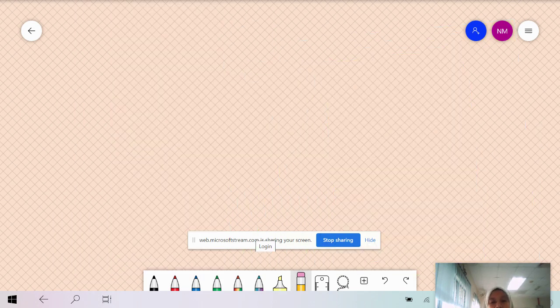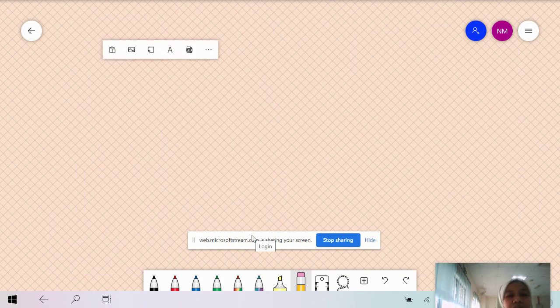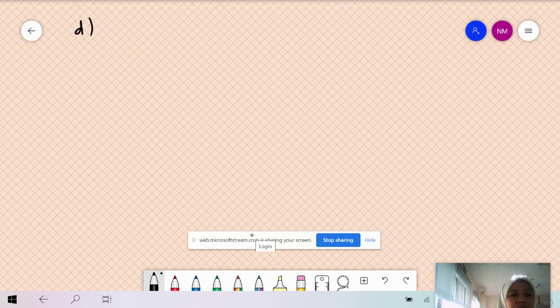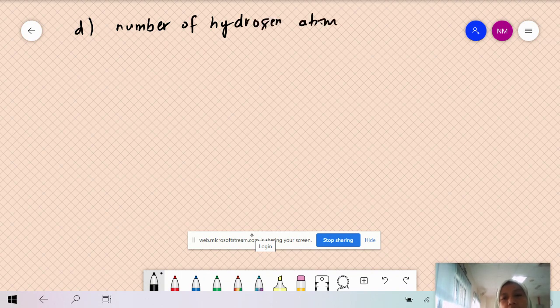Now, refer to question D. It says you need the number of hydrogen atoms. But what do you have previously? From part B, you have the number of moles of quinine.